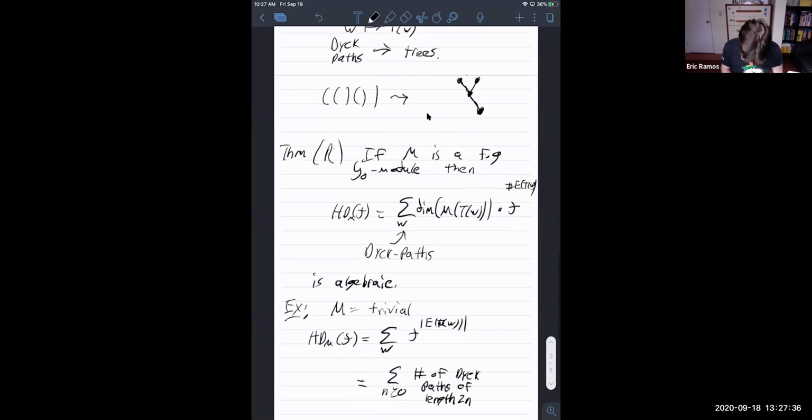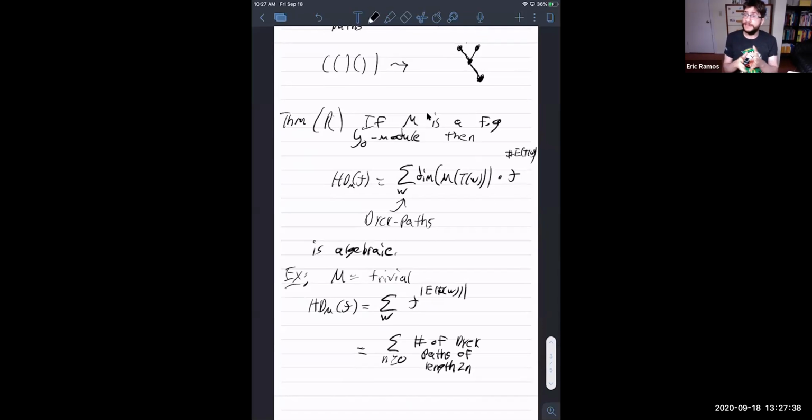So he was asking what happens if you sum over just trees instead of using deep paths. Right. So Jordan, my go-to for checking whether something is going to work is to plug in the trivial module and see if it's impossible already. If you try the naive Hilbert series, where you sum over the dimension of M of T times t to the number of edges or something like that, what you're getting is the generating function for trees, which is a famously complex object.